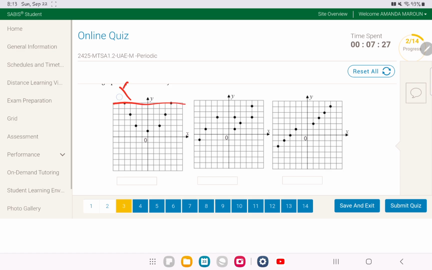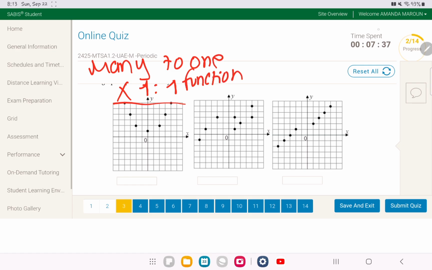So directly, this is not one-to-one, so it's a many-to-one function. Then we have this one. It's also not a one-to-one, so it's a many-to-one relation.